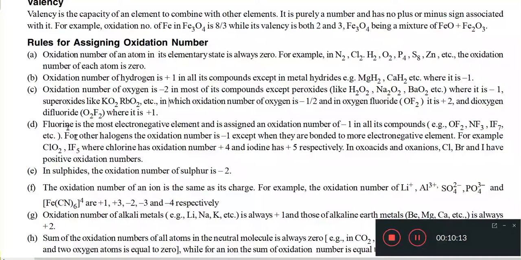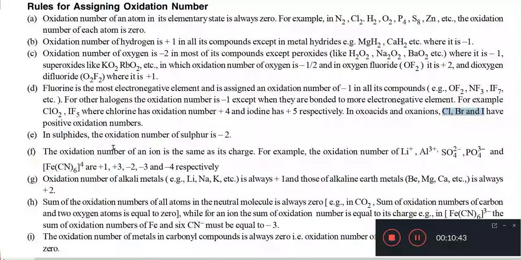Please remember, other halogens like chlorine, bromine and iodine can show oxidation numbers from -1 to +7. I will give some examples later.